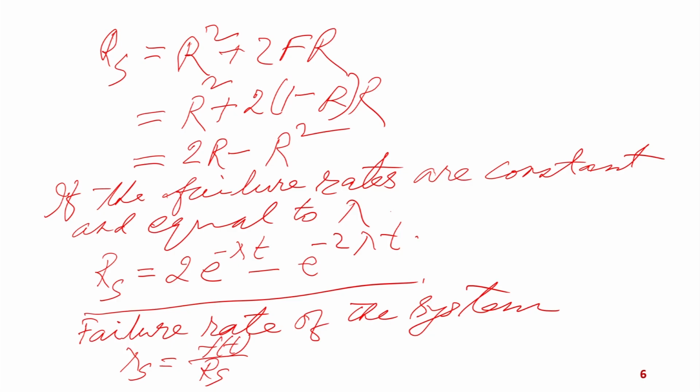In fact, when the failure rate is constant, you can write the reliability as e to the power minus lambda t, where lambda is the hazard rate or the failure rate.